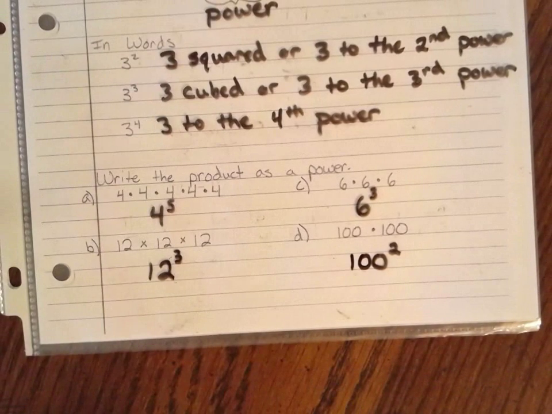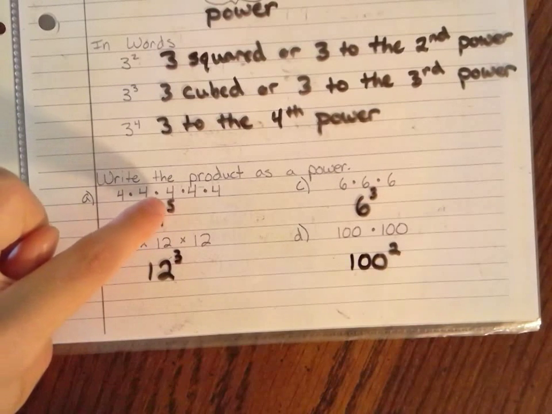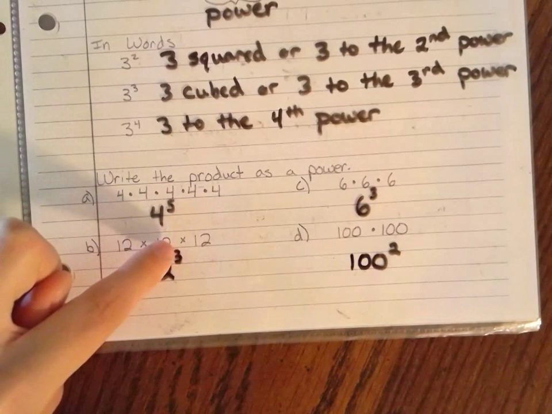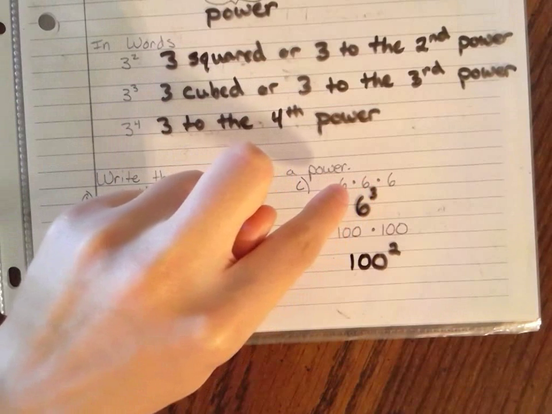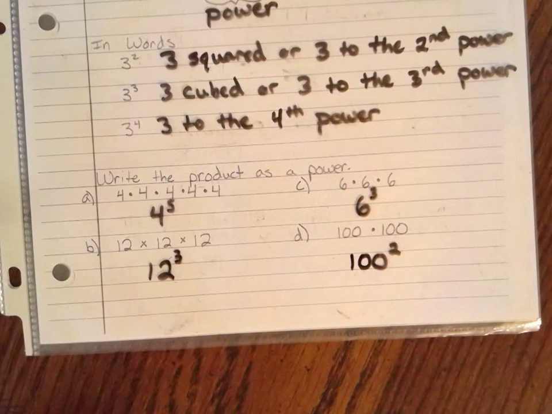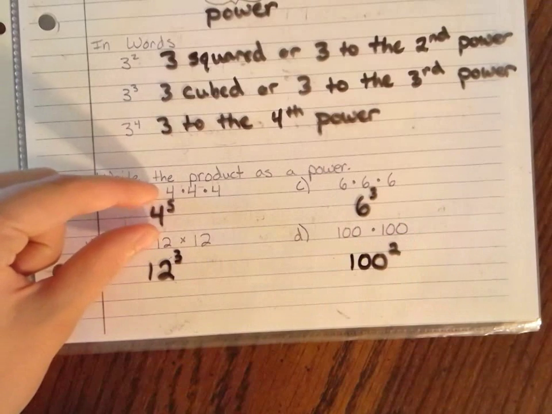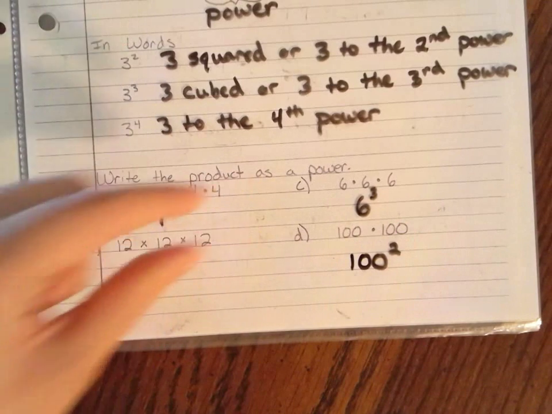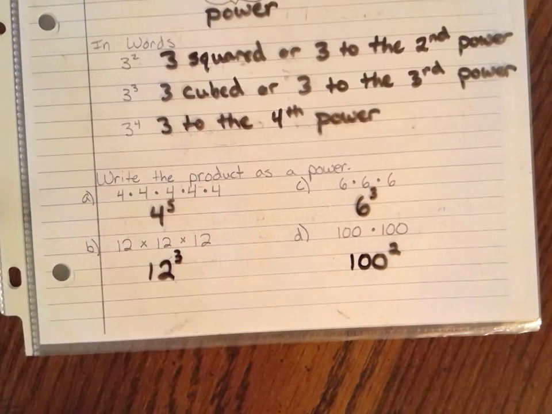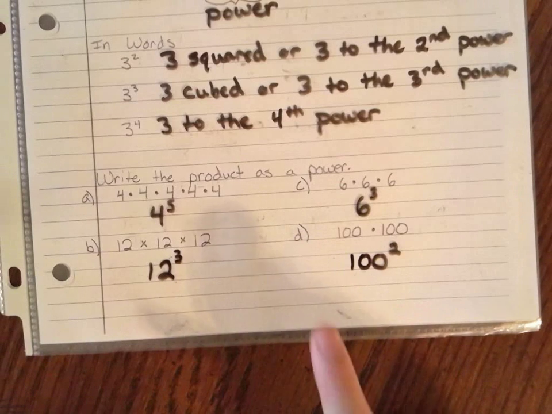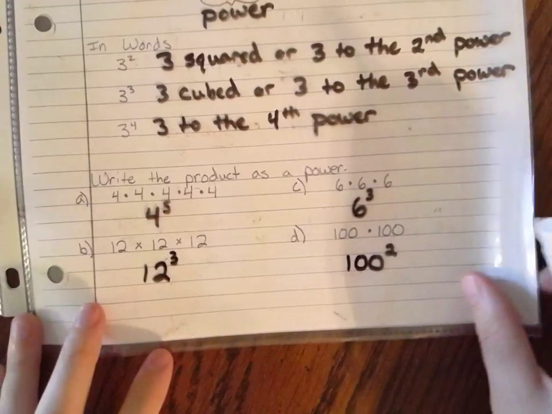So the number of times your number is repeated, you put that number smaller and upstairs, or whatever you want to call that. And then the number that's being repeated, that's your bigger fonted number. 4, 6, 12, 100. Okay, you will have some problems like this on your assignment.